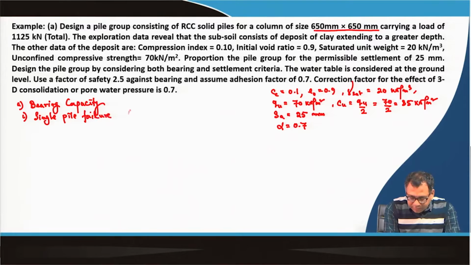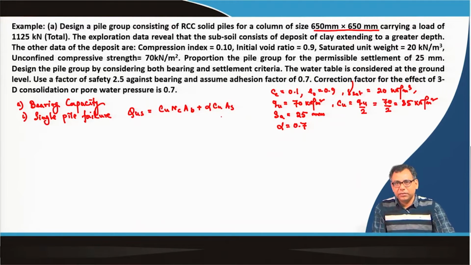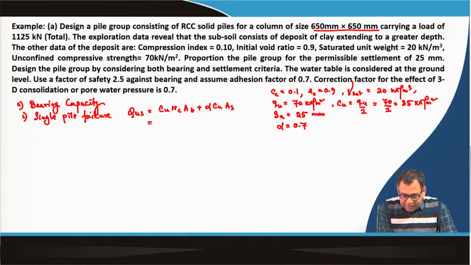For single pile failure, Qus is equal to Cu Nc Ab plus alpha Cu As, that we know, the equation is given. The first one is the tip resistance, the second one is the friction resistance for the clay. Cu is given as 35, Nc is equal to 9, and the area is pi d square by 4, where d is the diameter.